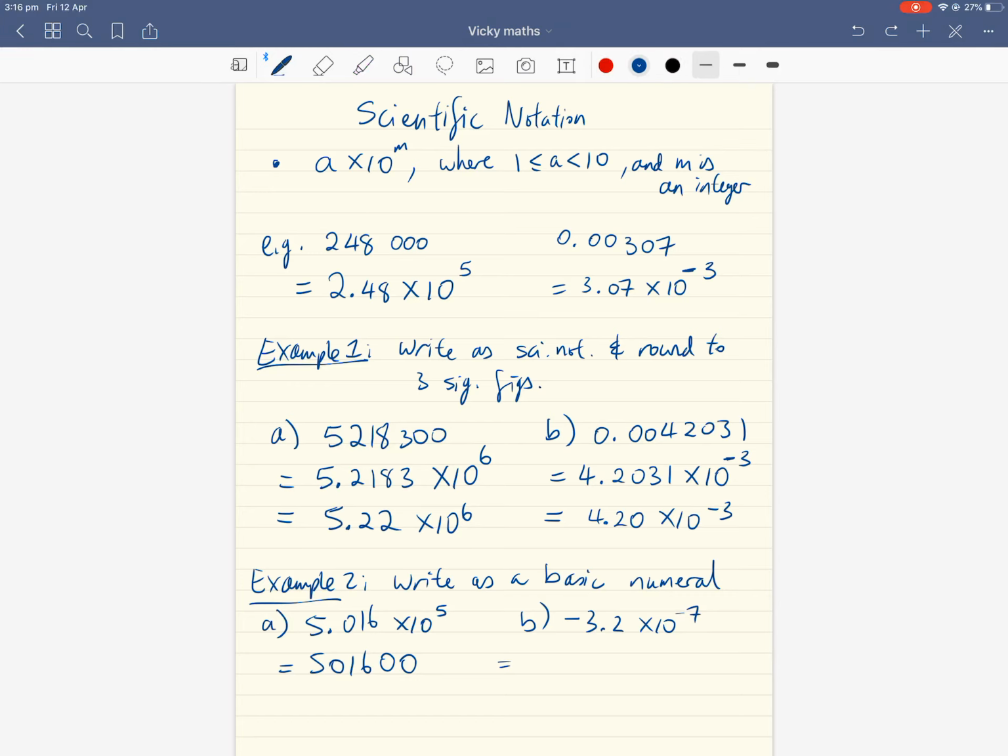Let's hop 7 times to the left. 1, 2, 3, 4, 5, 6, 7. So what that means is we have 0 point, then 6 zeros, and then a 3, 2. And then don't forget we had a negative in front, so we put a negative in front like that as well.